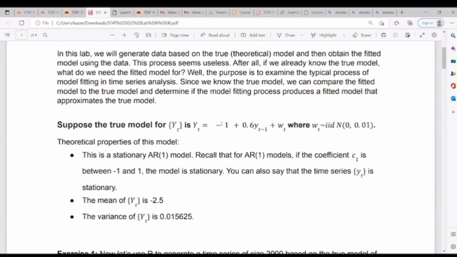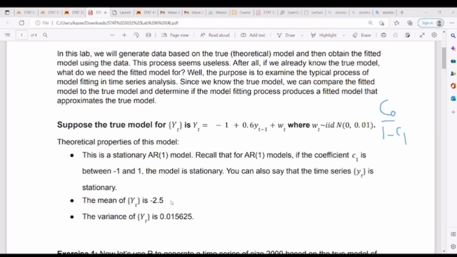The C0 is -1, the C1 is 0.6, and when you find the mean of this model, the mean is -2.5. Don't forget, the other time I said you're going to use C0 divided by 1 minus C1. So I hope you didn't forget that.